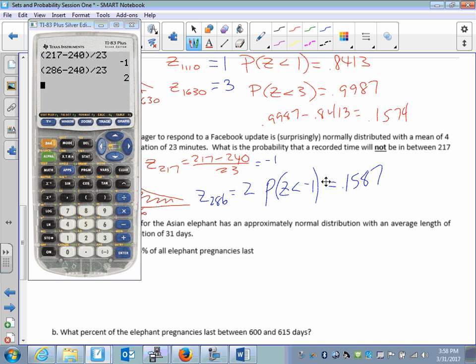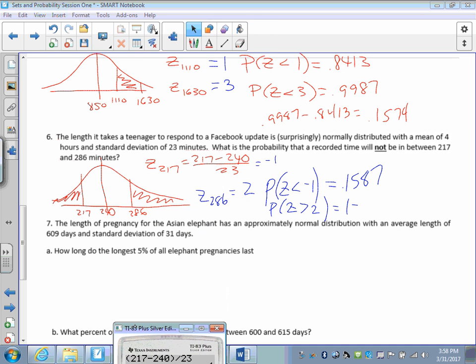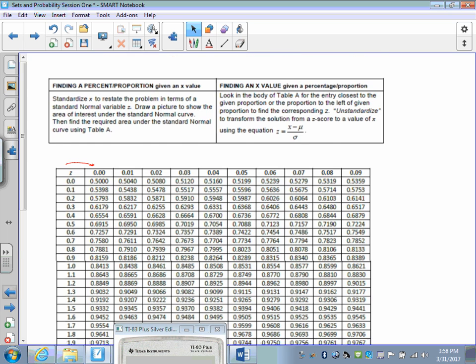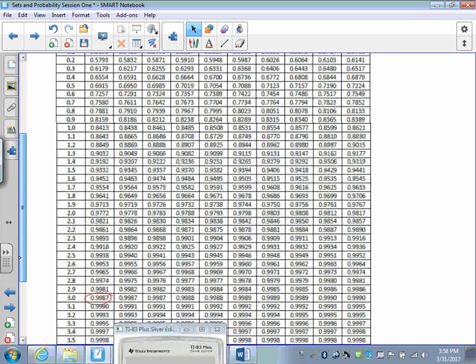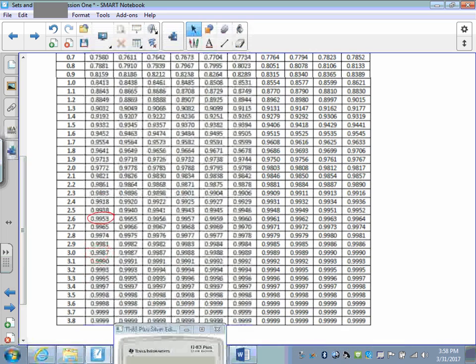And the probability that z is greater than 2 is going to be 1 minus the probability that z is less than 2. And so let's put that down here and go back here. We're looking now at 0.9772.